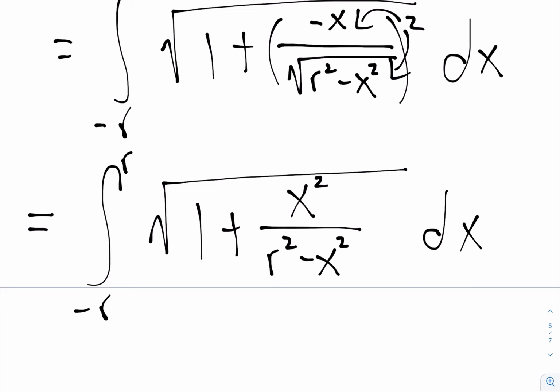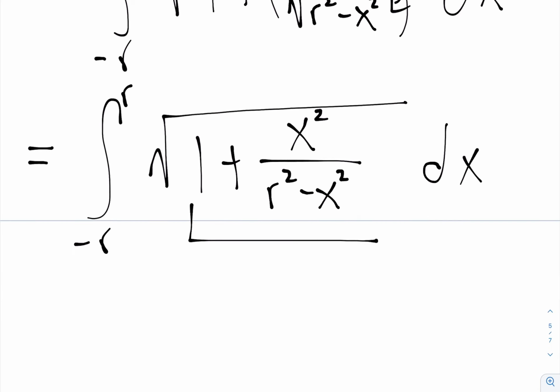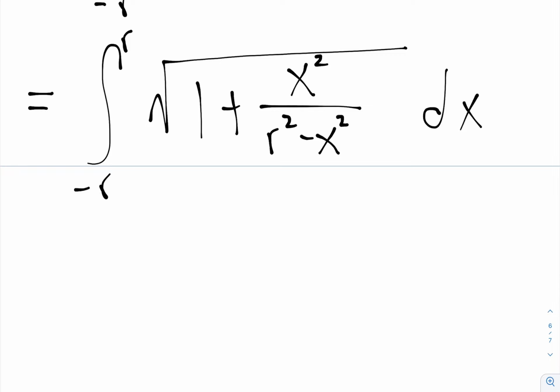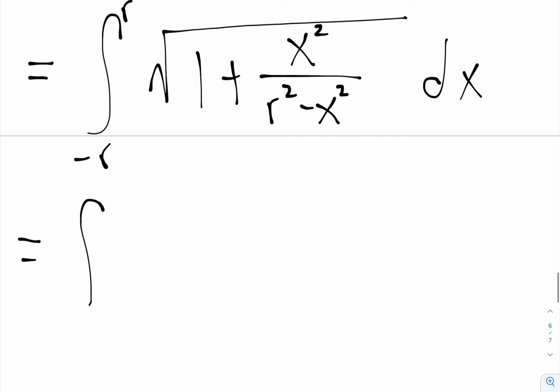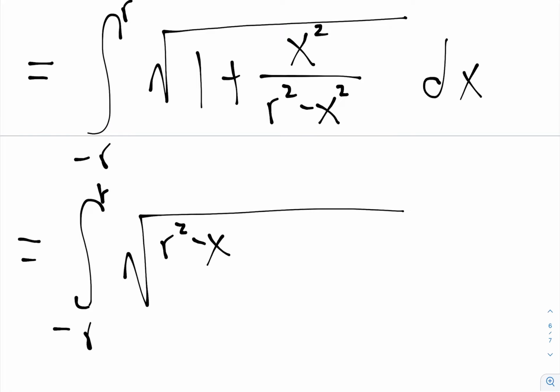Okay, good. So let's combine these fractions now. So we have 1 plus x squared over r squared minus x squared. We can just write 1 as r squared minus x squared over r squared minus x squared. Because if you have something and you divide it by itself, that's always going to give you 1, right?